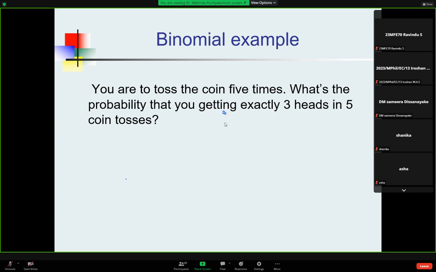Then you can do this exercise, then you can realize it. Now we toss a coin 5 times. How many ways do we have of getting 3 heads? How to identify? One method is you can draw a T diagram.